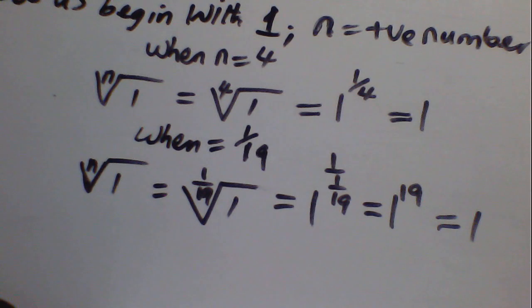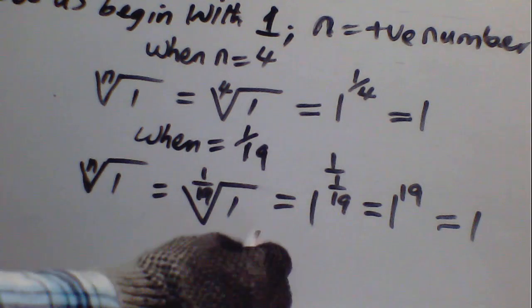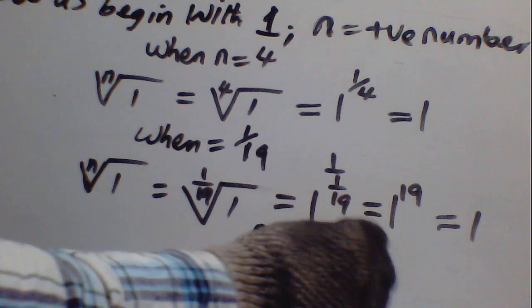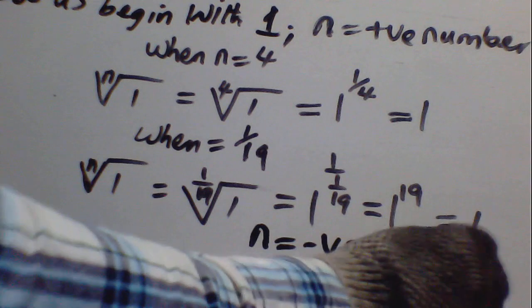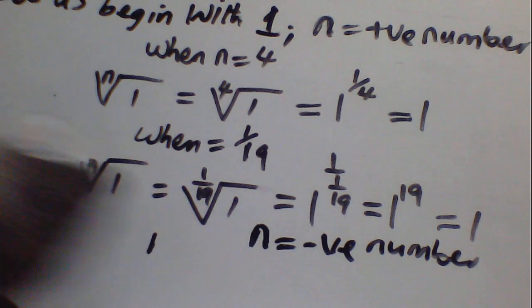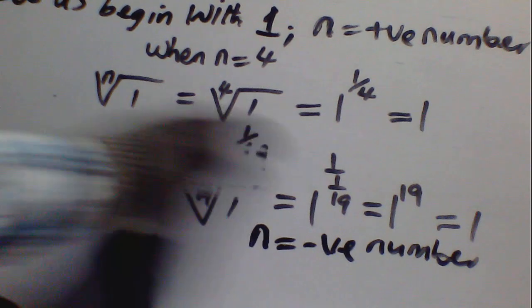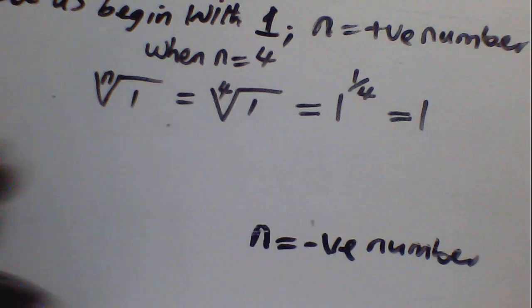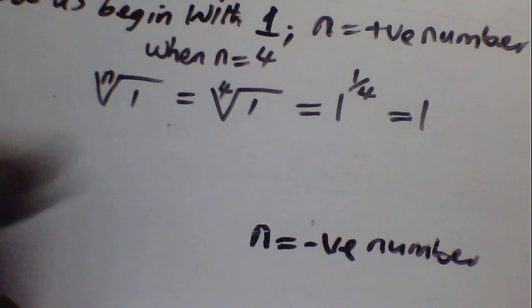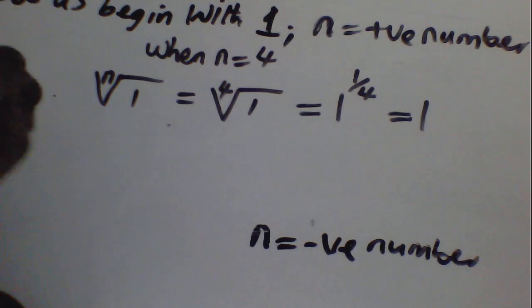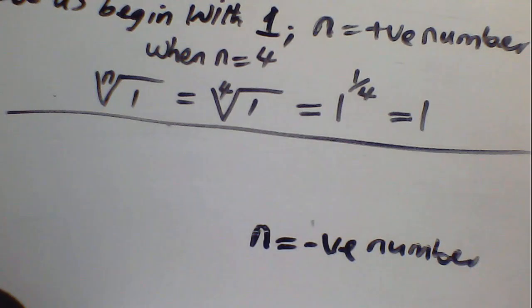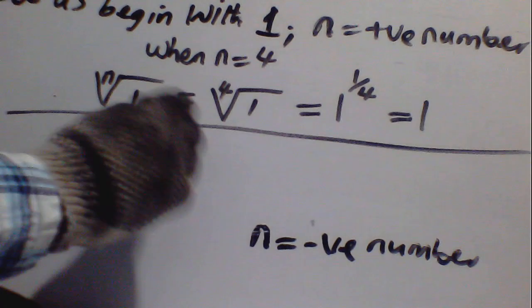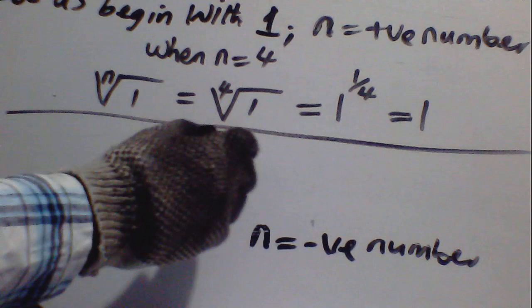So let's consider when n is equal to a negative number. If n is a negative number, what happens? n is equal to -6.